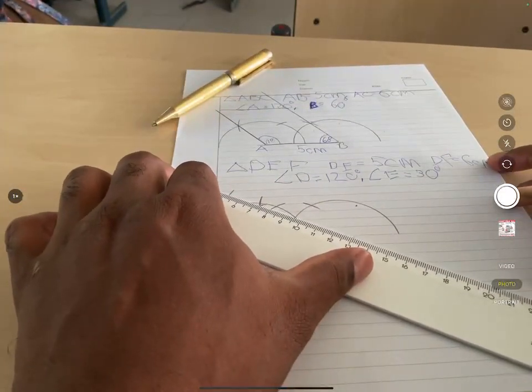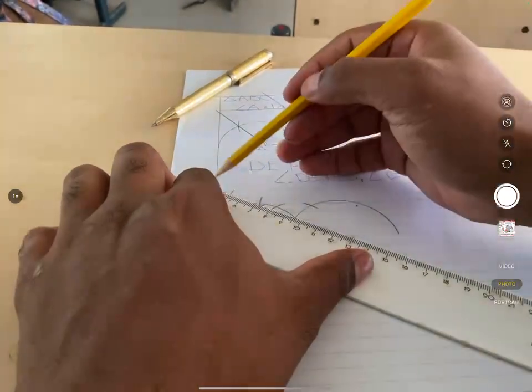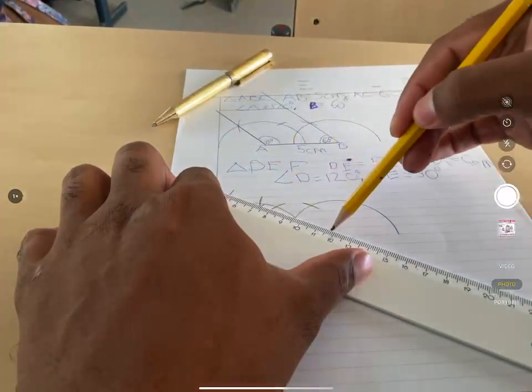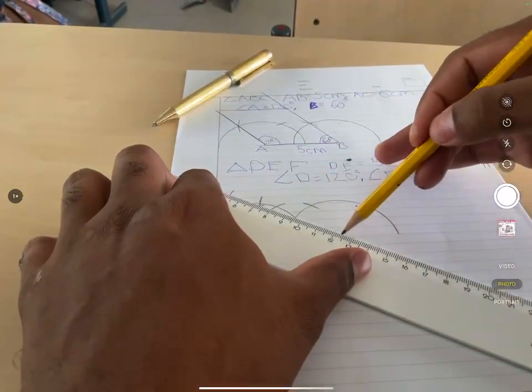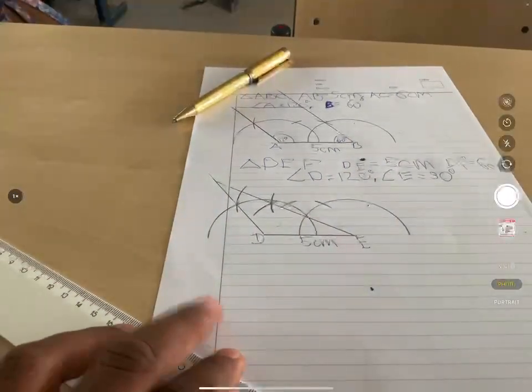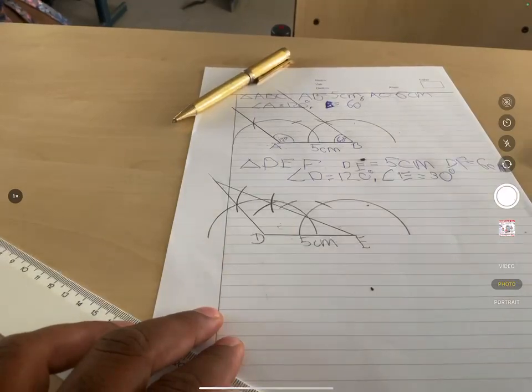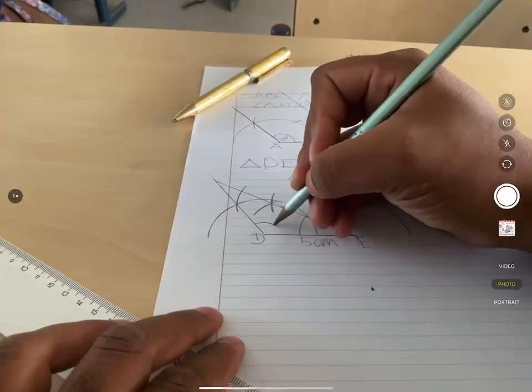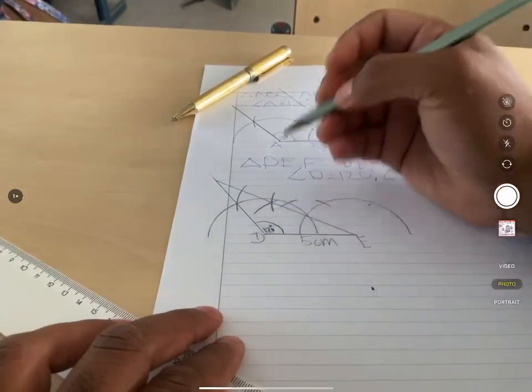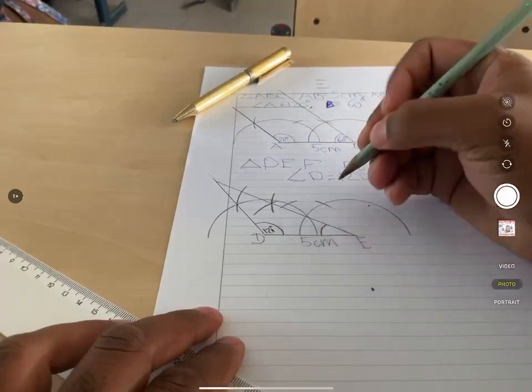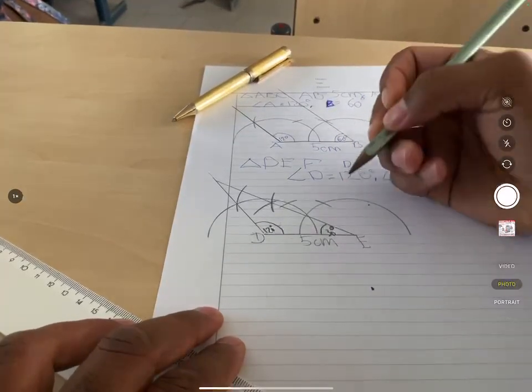And then what do we get? There we go. We have angle of D 120 degrees, and we have angle of E 30 degrees.